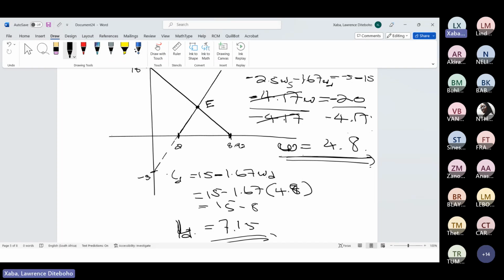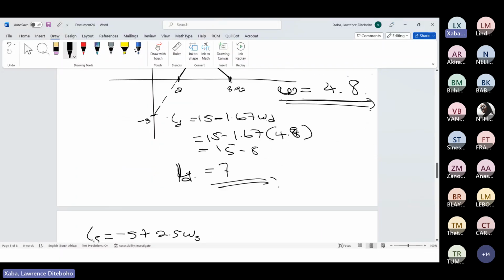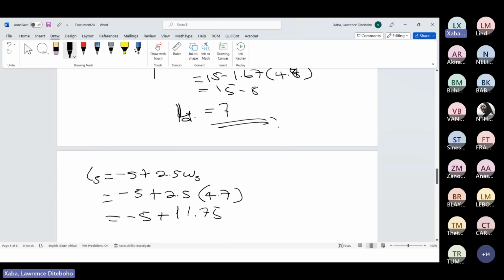And the difference between 15 and 8 there will be 7. So now we go again to the second equation. It means we also have to correct that. Here is 4.8, which is 2.5 times 4.8.